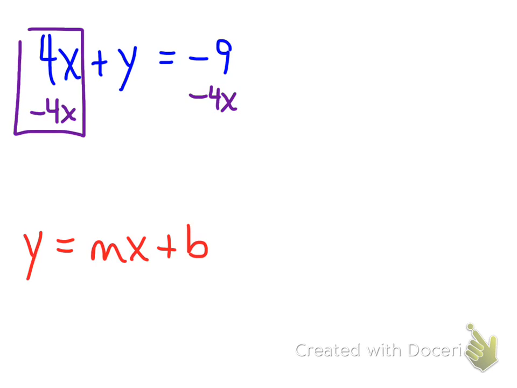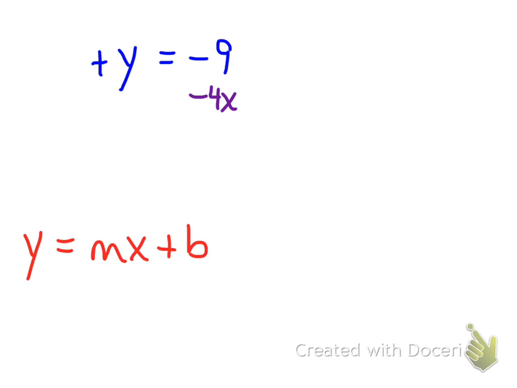On the left side of the equal symbol, 4x and negative 4x cancel each other out and become 0. So now all I have left is a positive y. So y equals, on the right side, these are not like terms, so I have negative 4x minus 9.